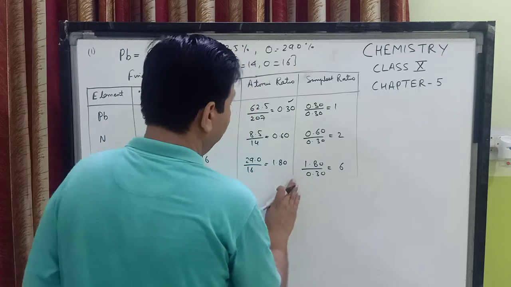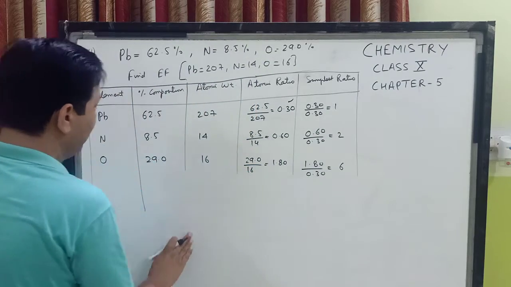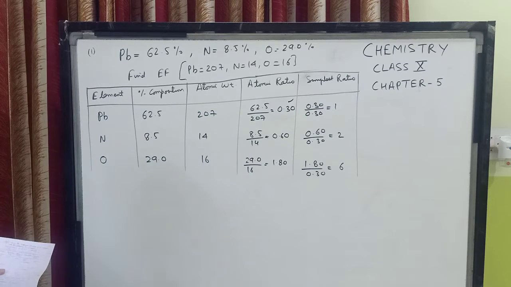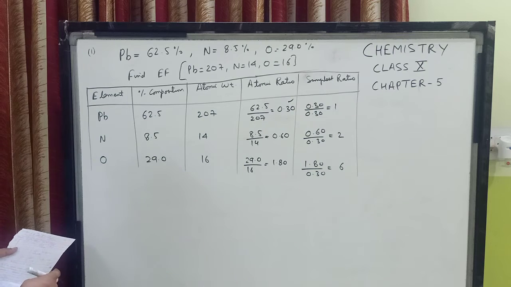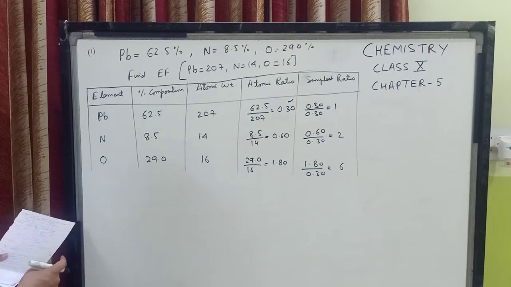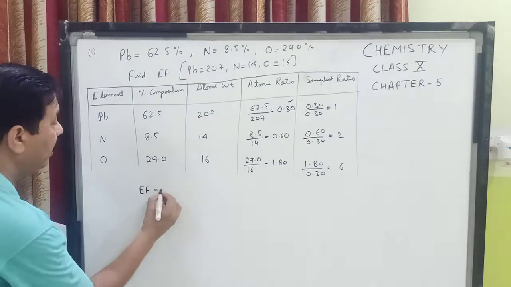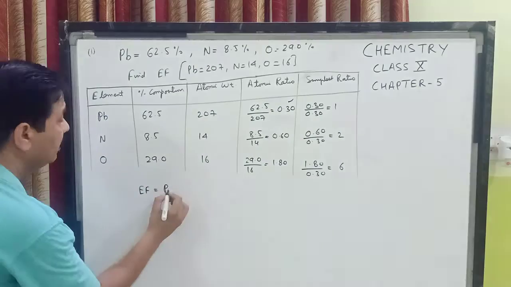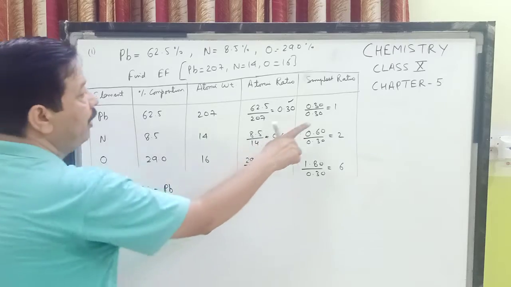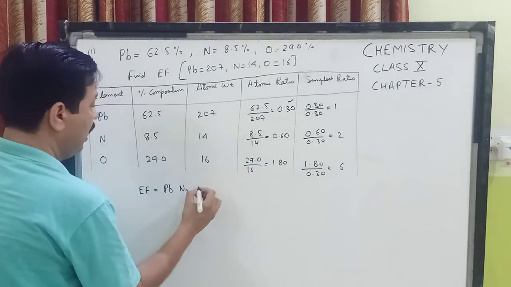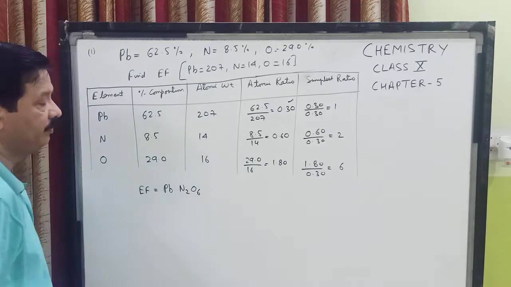So children, once we have calculated these values, we are in a position to write down the empirical formula. The empirical formula states the number of atoms of the different elements present: lead is 1, nitrogen is 2, and oxygen is 6.